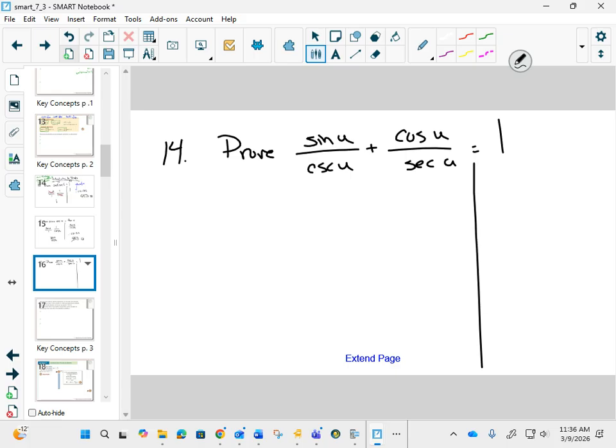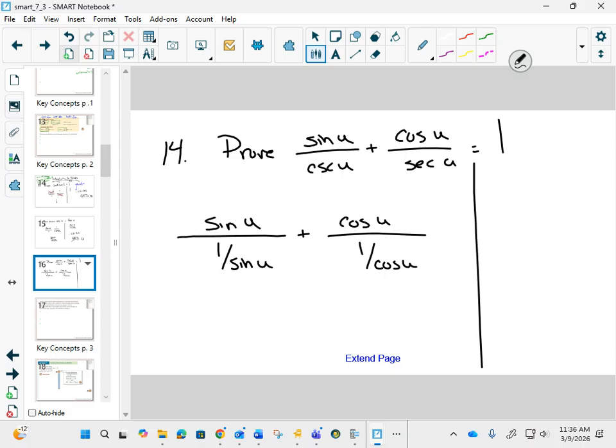Using the main strategy, I have sine u over, what can I change cosecant u to? 1 over sine u. Plus cos u over, and I could change secant u to 1 over cos u. And now I have fractions inside of fractions.